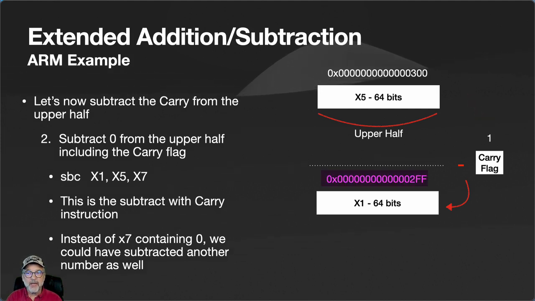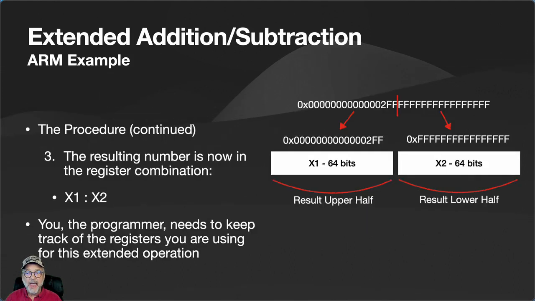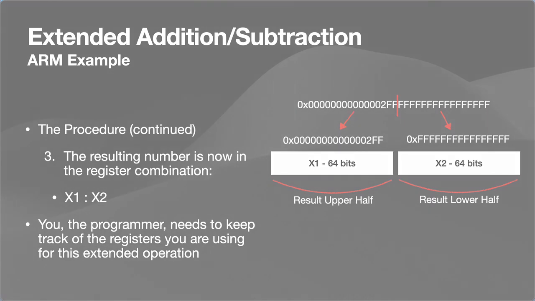So 2FF is 1 subtracted from 300, and our combined x1, x2 is our combined extended register, 128 bits, with 2FF and then all F's in it.